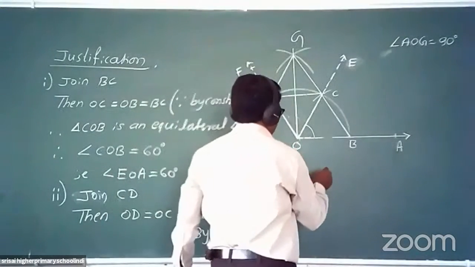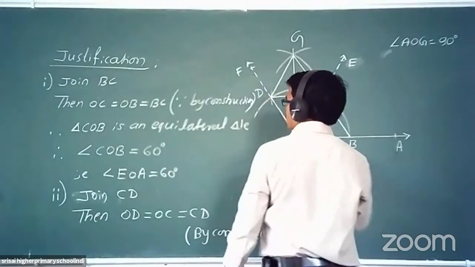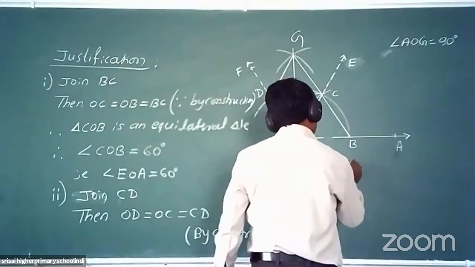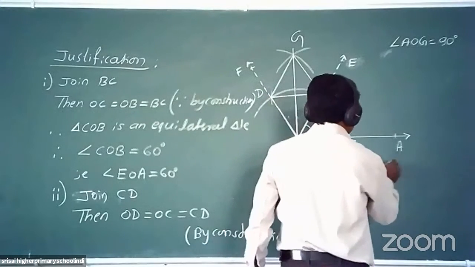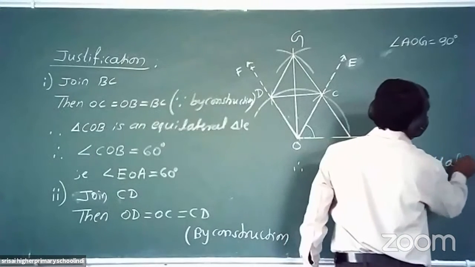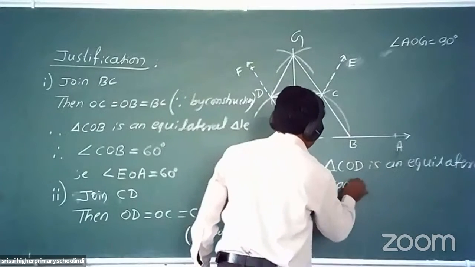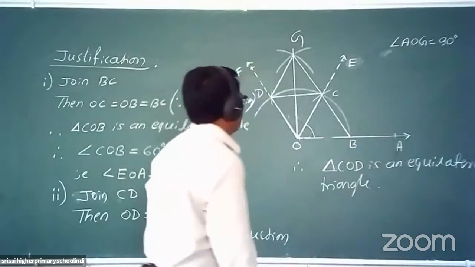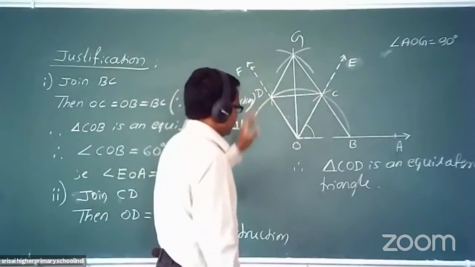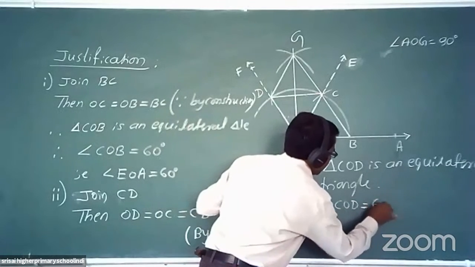Therefore triangle COD is an equilateral triangle. If it is an equilateral triangle, angle COD equal to 60 degrees.